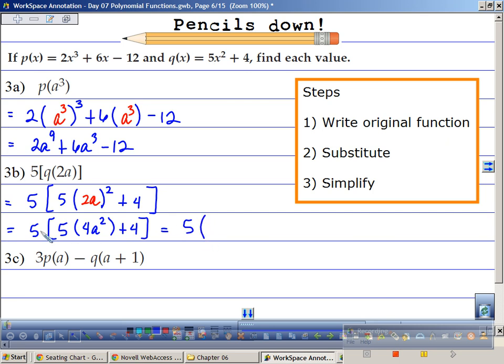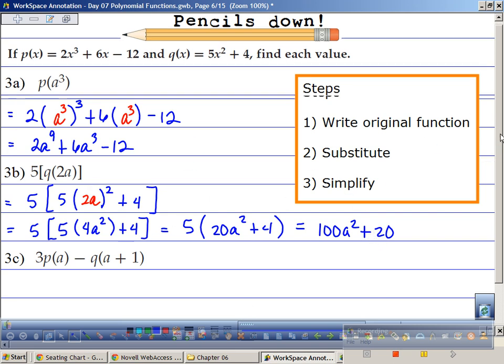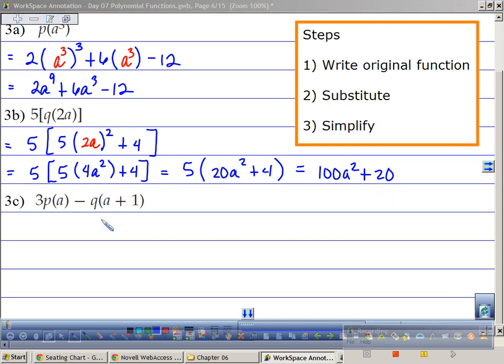Now, keep going slow. 5 times, let's distribute. 5 of these 4a squareds is 20a squared plus 4. Now further distribute, and I get 100a squared plus 20. Everybody okay so far? I'm going to let you write all these down and give you an opportunity in just 1 second.